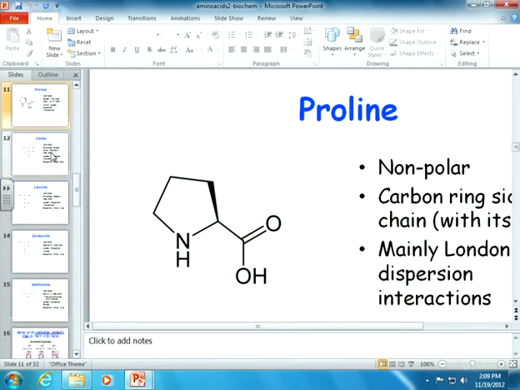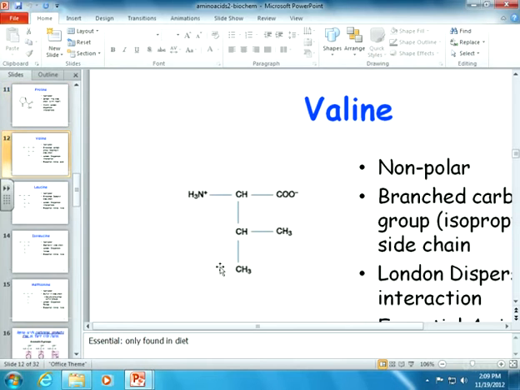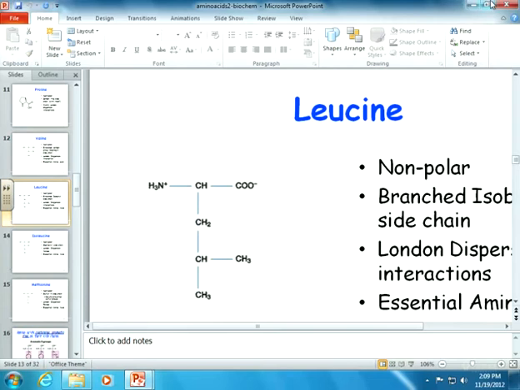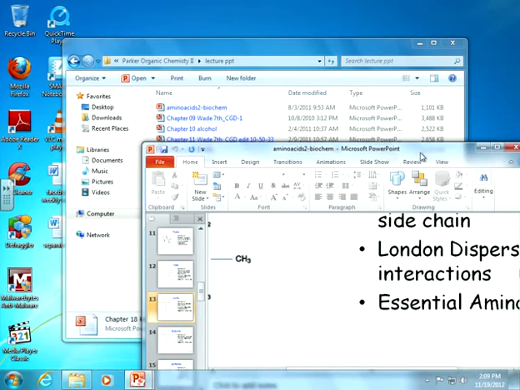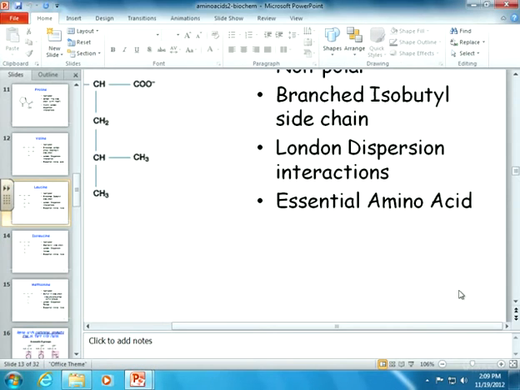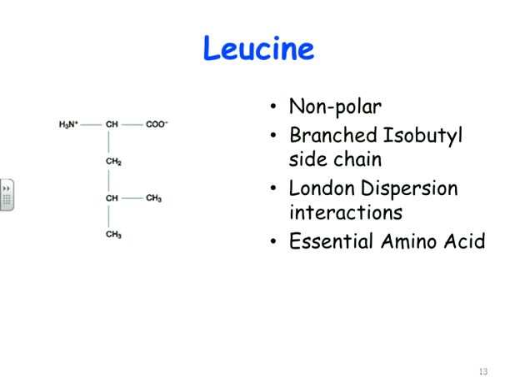So the two we're going to learn today, so here's valine. Isopropyl, see 1, 2, 3. 3 of them. And they end in sort of that V shape. The new one is leucine. And this is an isobutyl.